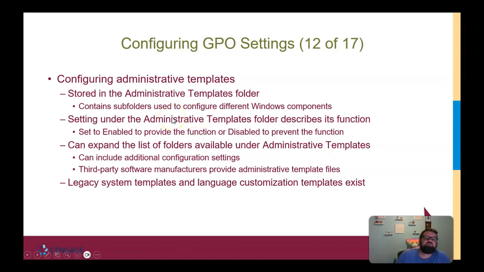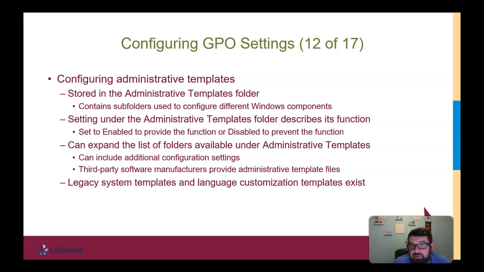So administrative templates is where a lot of the screensaver, printers, any kind of settings in Windows, security, hardening settings, those type of things are usually going to be. There are subfolders underneath administrative templates for each area of Windows and the components underneath.